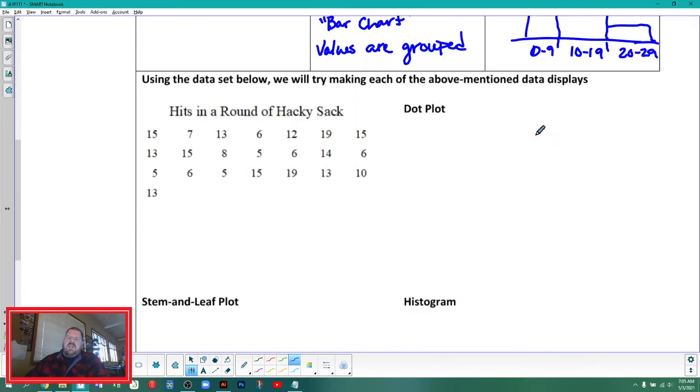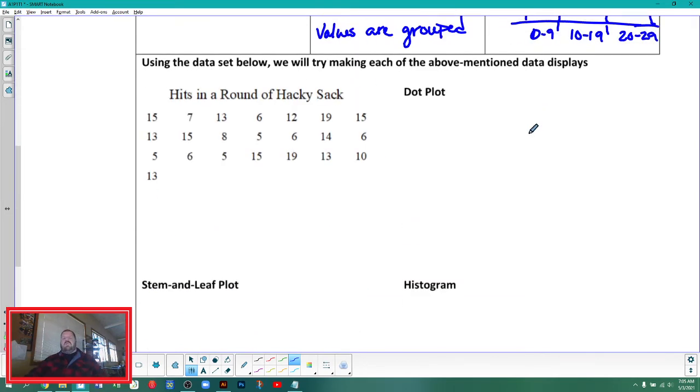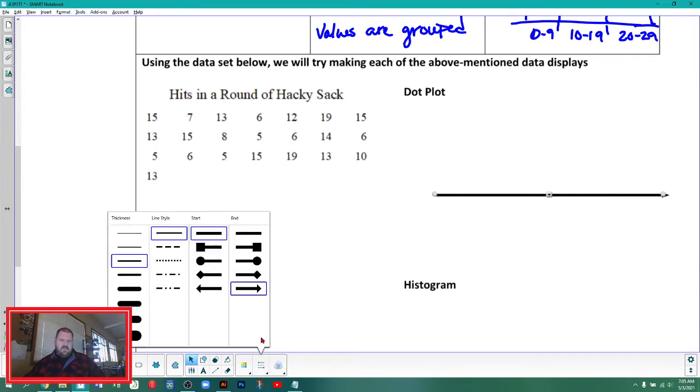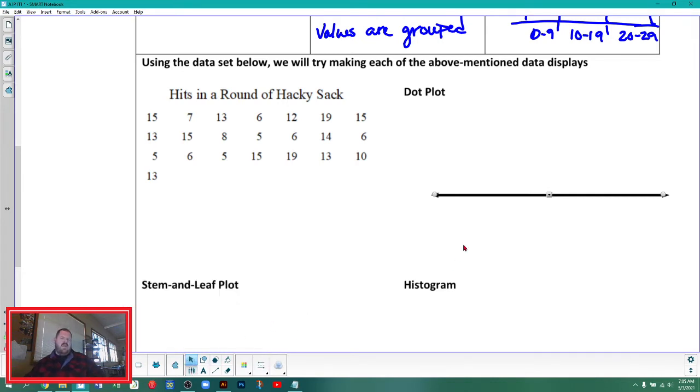So let's go ahead and look at some examples of these. We'll use this same set of data to figure this out. Let's give ourselves a decent number line here. We are going to have to know what our data looks like a little bit.